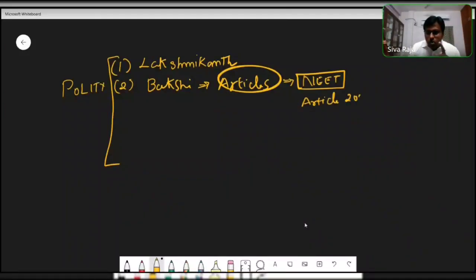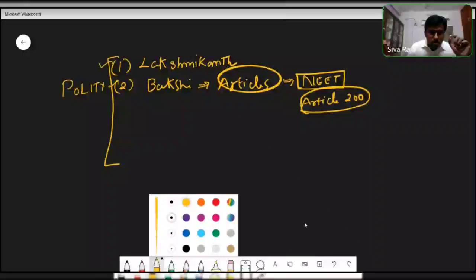Don't read and get complicated, because now it is not the time for that, but just one look at Article 200 will give you a higher understanding of that topic. You will understand what the problem between the state government and the governor is. So what I am referring to here is Lakshmikant and Bakshi.